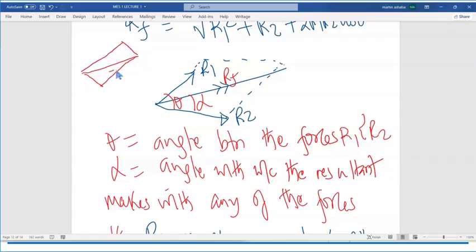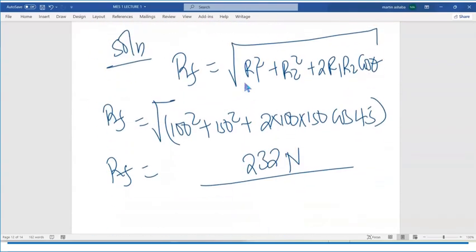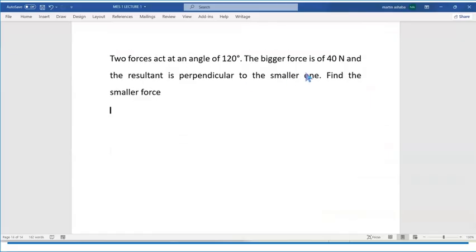They always tell you that these two are equal, these two are equal, and this is the resultant. So this is a smaller, this is a bigger side. You have been given the magnitude of the force on the bigger or longer side.